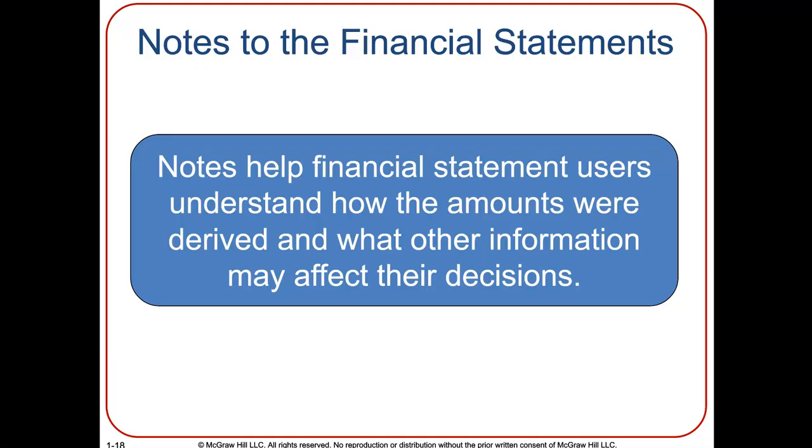Okay? And just keep in mind that when you're looking at a set of financial statements, the four financial statements, even in a very large organization like a Walmart or something, you might be looking at 4 to maybe 5 pages of numbers. And you might be looking at 60 pages of notes to the financial statements.